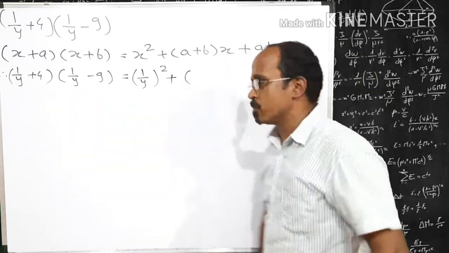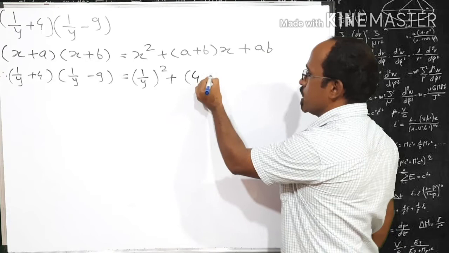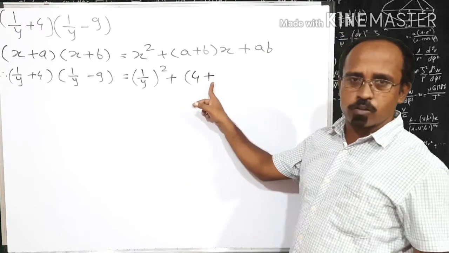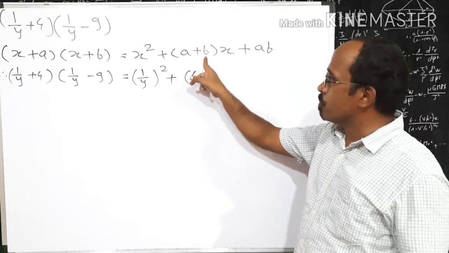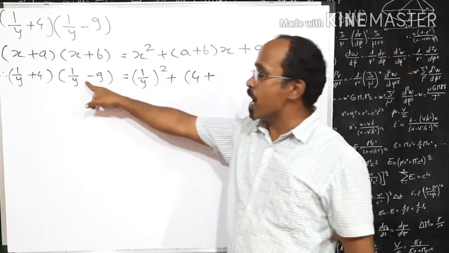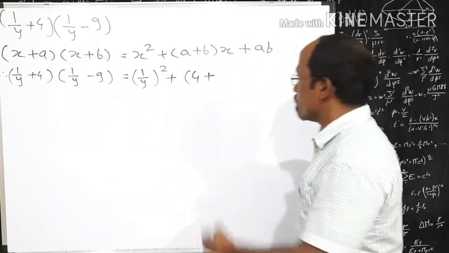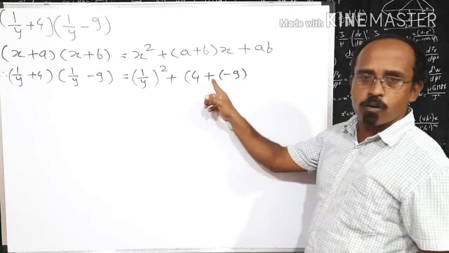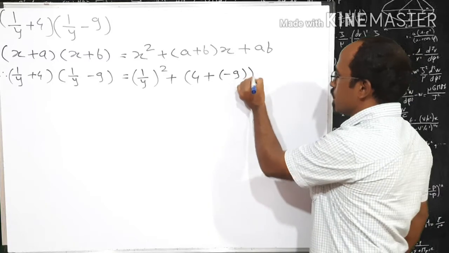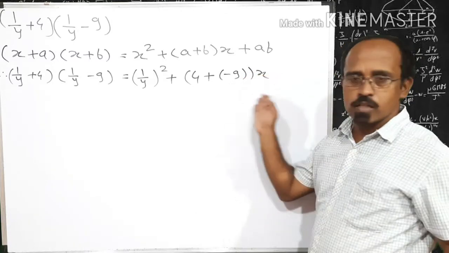Replace a with 4, plus (this plus is part of the formula) b will be replaced by minus 9. So minus we will write in bracket, so minus 9. Okay, so (4 plus (minus 9)) into x. Clear up to this?